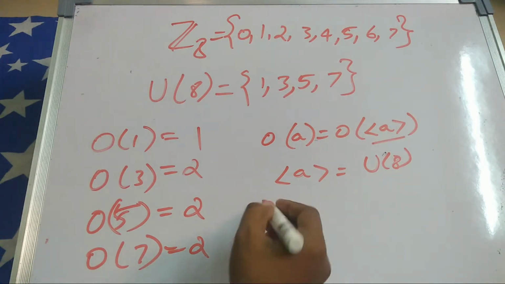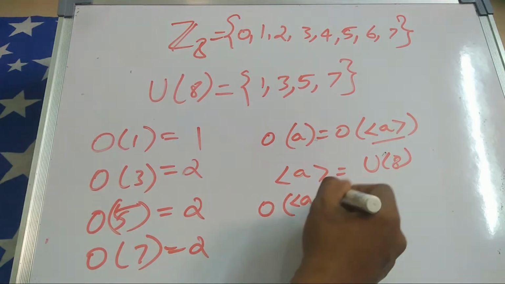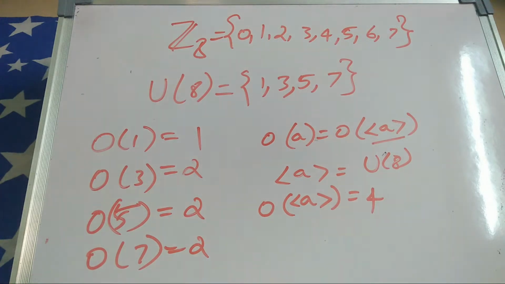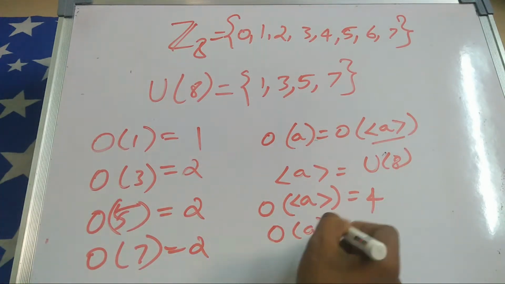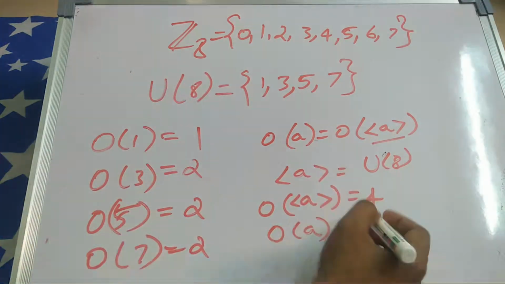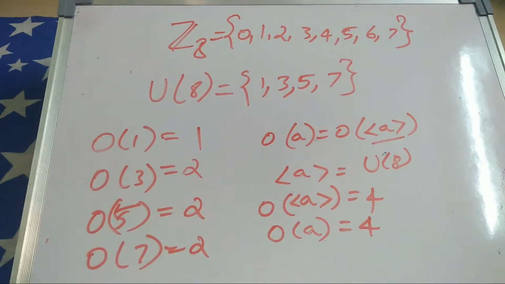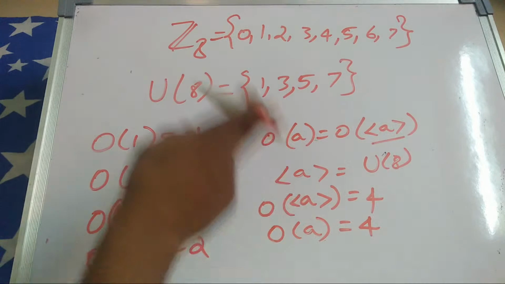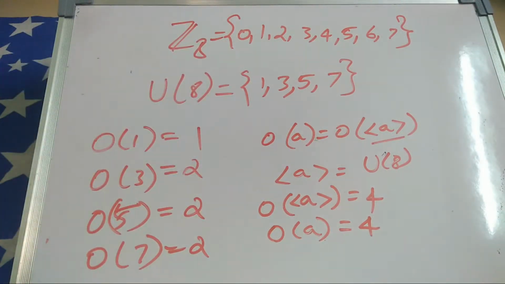Fine. That is, order of A, subgroup generated by A, must be 4. So you must find an element A in U of 8 whose order is 4. Only then we will have a generator for U of 8.